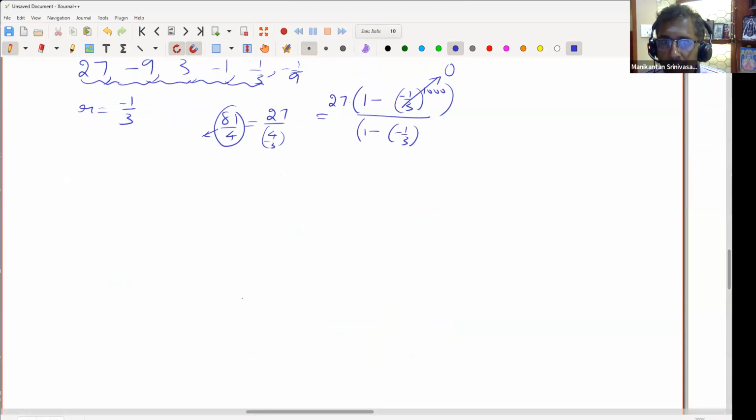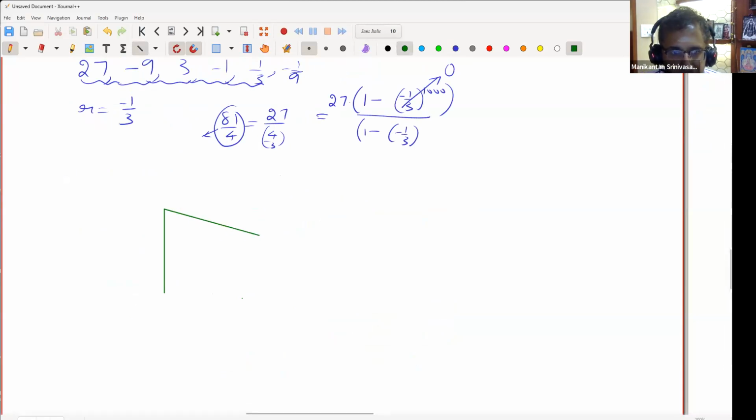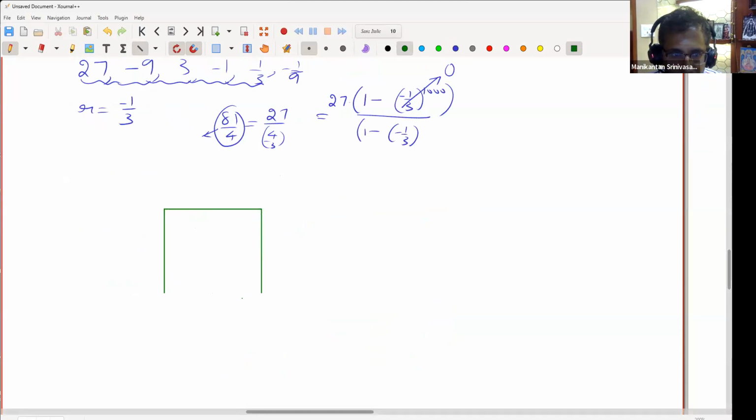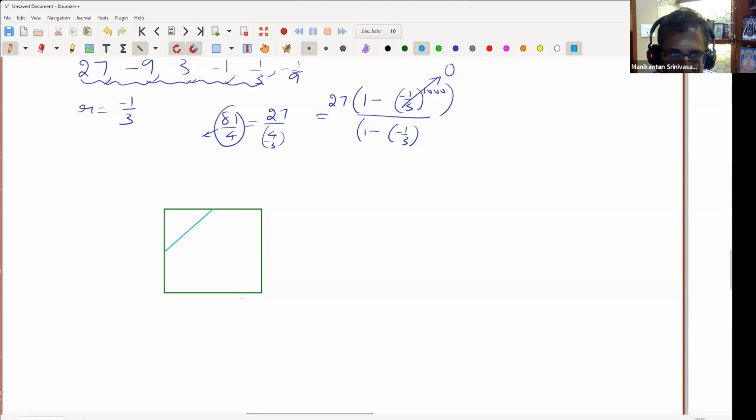Okay, so let's say I have a square. I have a square here like this. Now I take the midpoints of each side and I connect all the midpoints.